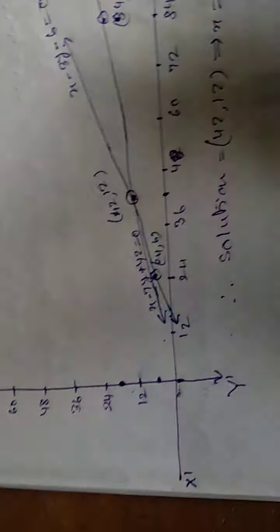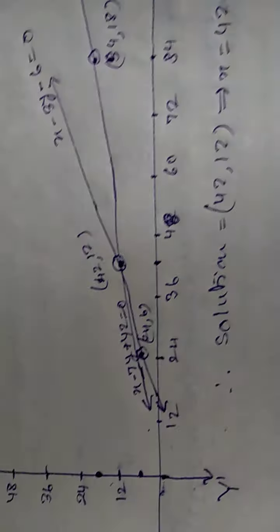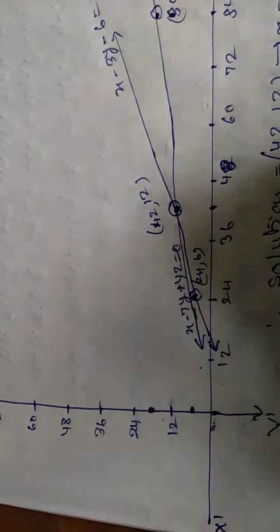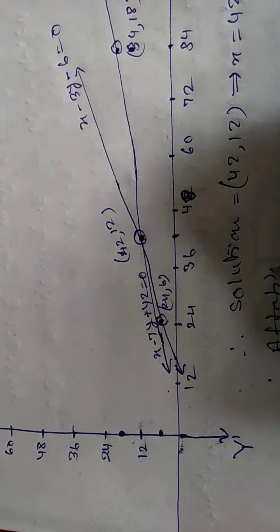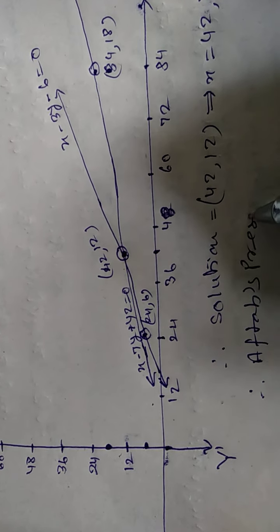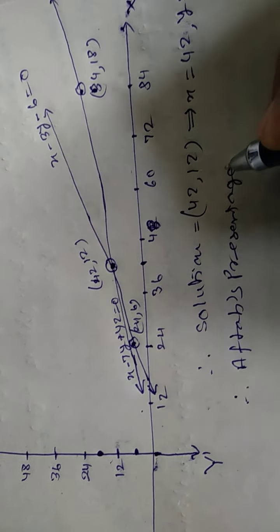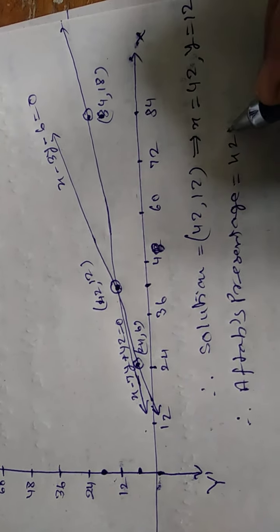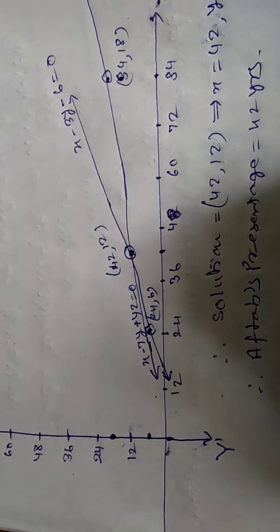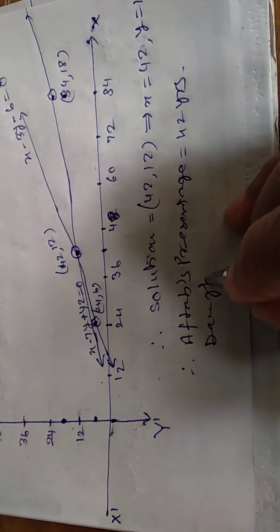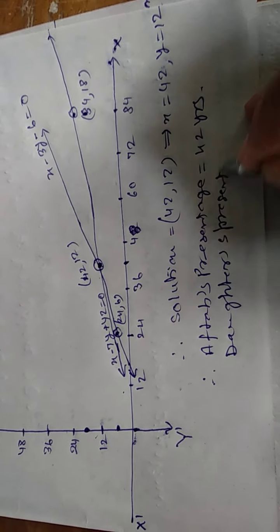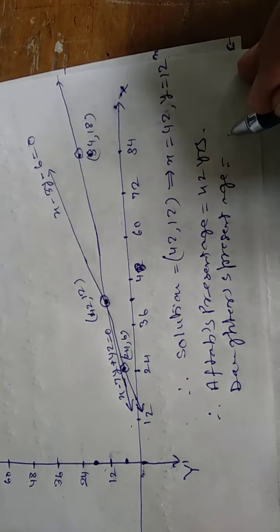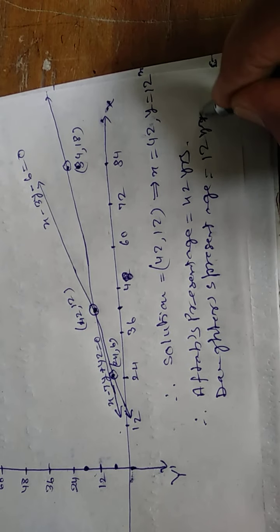What is x? It is the present age of Aftab. Therefore, Aftab's present age is equal to 42 years, and daughter's present age is 12 years.